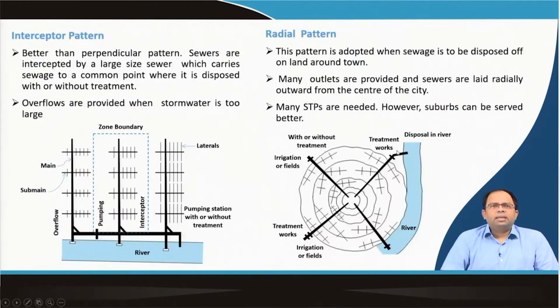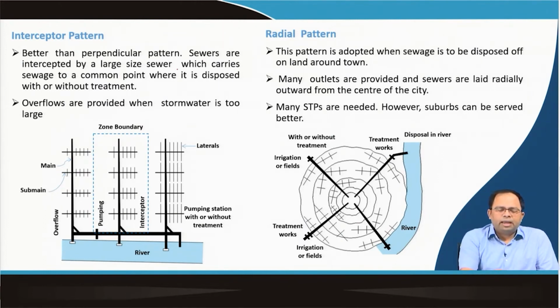Then comes the interceptor pattern. This is better than the perpendicular pattern. Why? Because sewers are intercepted by a large sewer which carries sewage to a common point where it is disposed with or without treatment. So, we see these perpendicular lines like this. What happens during rainy season is that we have overflows.